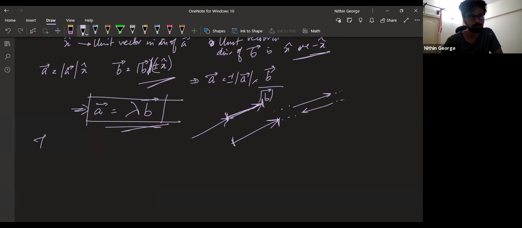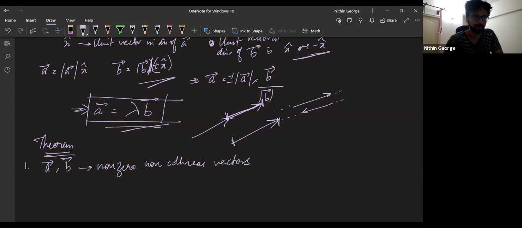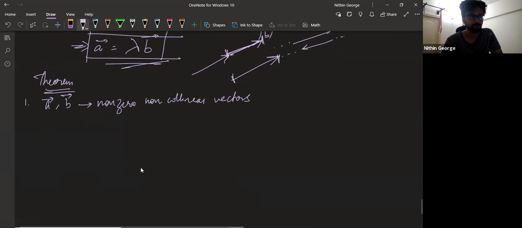So theory wise, the theorem is written like this. A and B are non-zero, non-collinear vectors. If it's given that x into A plus y into B, where x and y are some constants, equals 0, then what can you conclude?